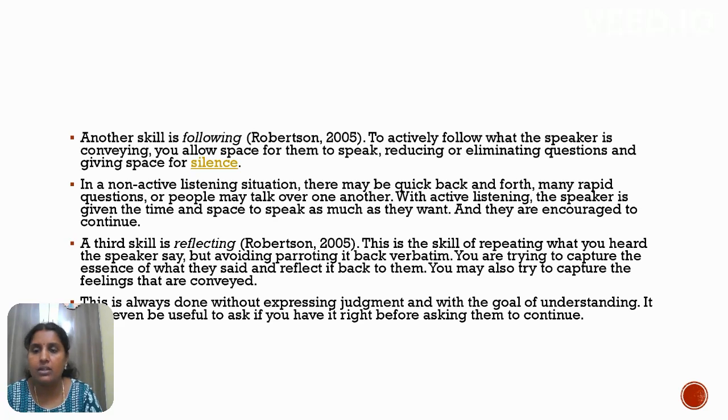Active listening requires being fully present in the conversation. This enables the speaker or the person to concentrate on what is being said. Being present involves listening with all your senses, like sight, sound, etc., and giving your full attention to the speaker. Being fully present involves the skill of tuning into the other person's inner world while stepping away from your own.